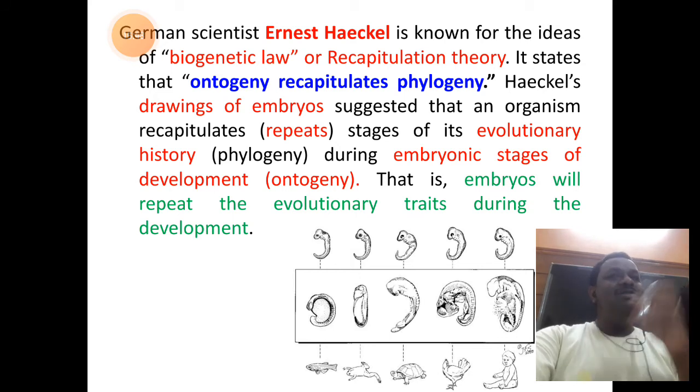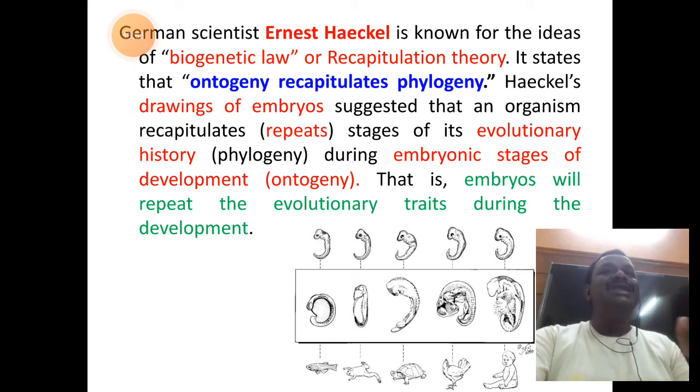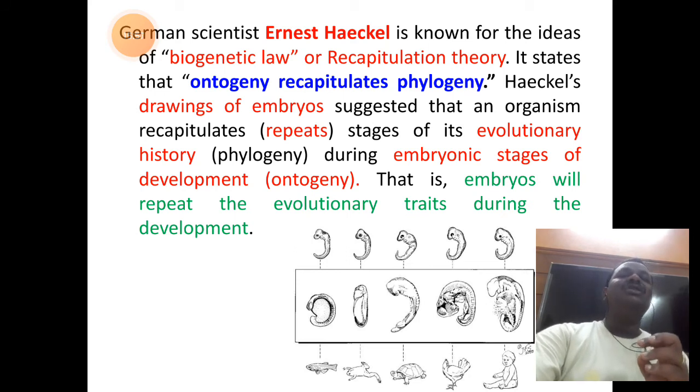Based on this concept, Haeckel gave the drawings of early embryos of different organisms which looked similar and shared common features. So the recapitulation concept here means repetition. So embryos will repeat the evolutionary features of ancestral characters of the organisms during their developmental stages.